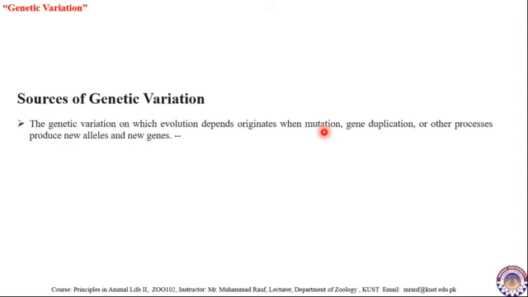Mutation is a change in the genetic material of a cell or an organism. Mutation can be chromosomal mutation or gene mutation. Gene mutations are changes within the nucleotide sequence of a gene.